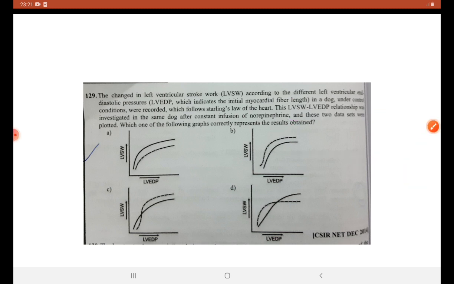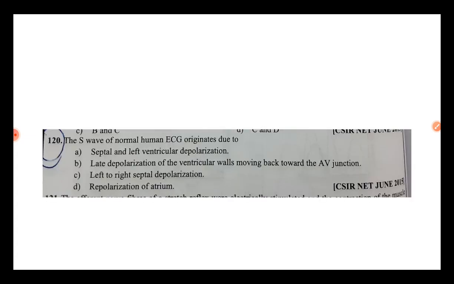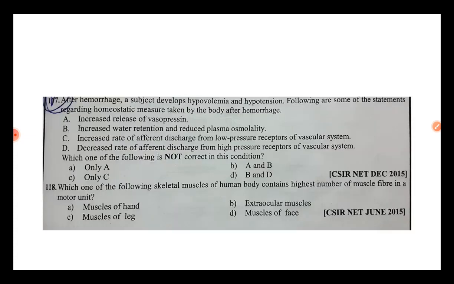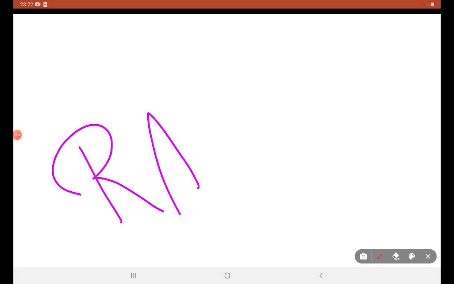So I am not able to, but we saw the exact concept of Starling-Frank theory. Yes, this question needs explanation about renin, angiotensin, aldosterone system.